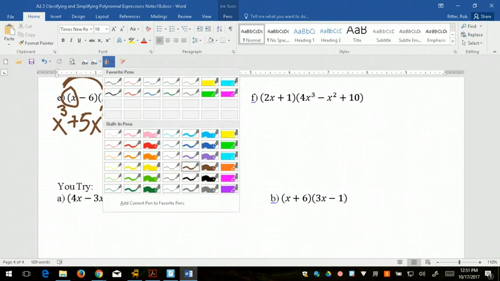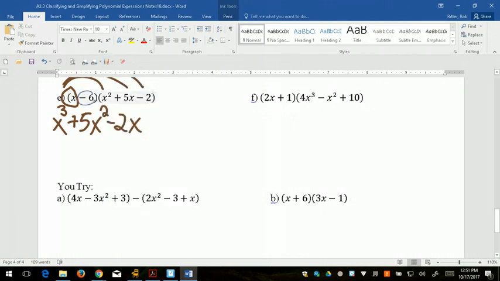Now I'm going to distribute the negative 6 to every term. So negative 6 times x squared is negative 6x squared. You can write it next to all these. I'm going to line up the like terms so I can just add them vertically, but you don't have to do it that way. Negative 6 times 5x is negative 30x. And negative 6 times negative 2 is positive 12.